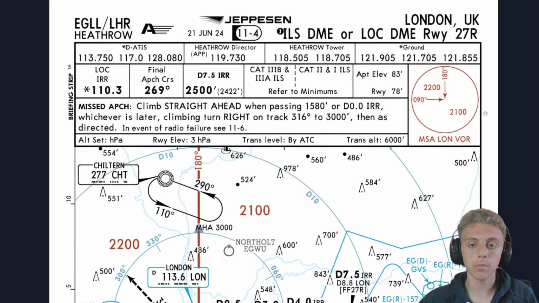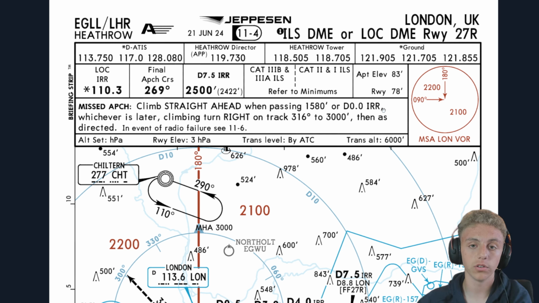It shows you the minimum safe altitude for London, based off of the London VOR. Now the minimum safe altitude stretches 25 nautical miles out in a circular fashion, and it tells you the altitude where you can descend to and have a minimum of 1,000 feet of clearance from the ground.